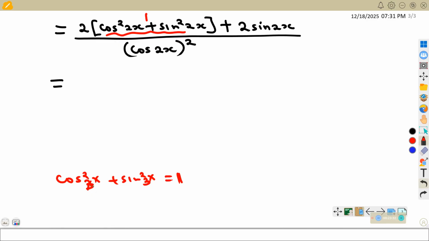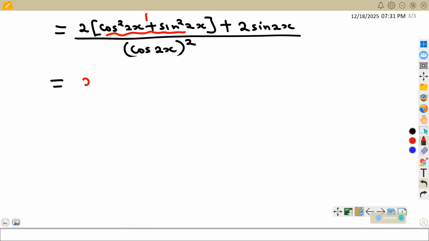However, the moment this angle and this one are not the same, then you can't equate it to 1. These angles must be the same for you to have this one equal to 1, and this must be squared. So cos squared of any angle plus sine squared of that same angle must give you 1. So that's why we shall have this one equal to 1. From there, we shall put 1 there.